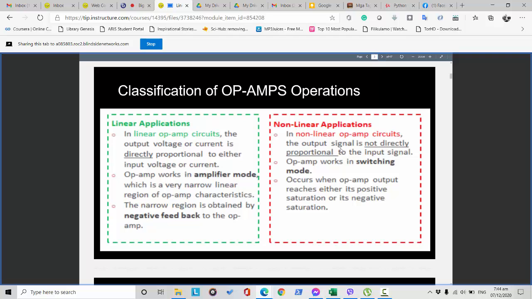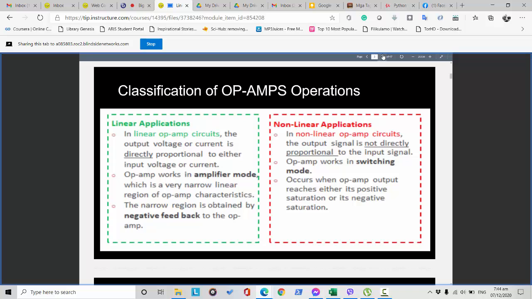Those are the differences between the two classifications, and then we are going to discuss some examples of the linear and nonlinear applications of operational amplifiers.